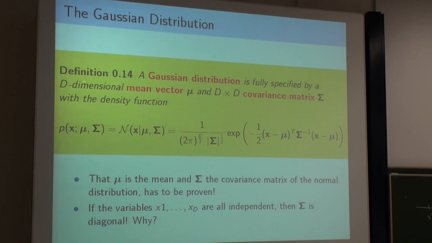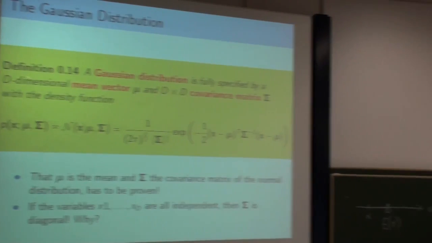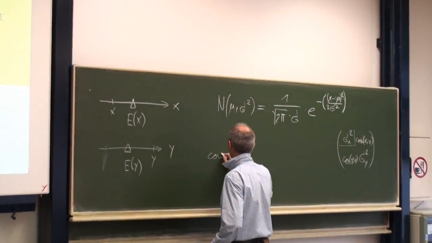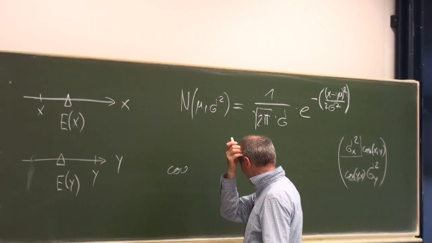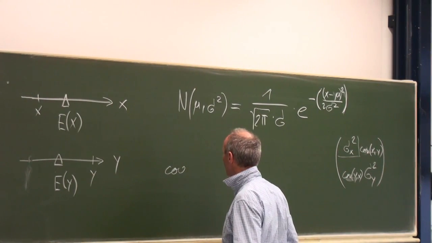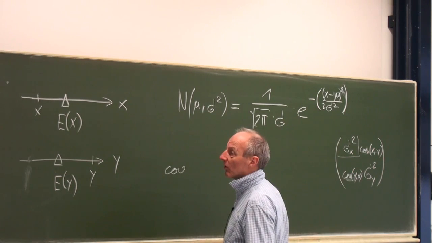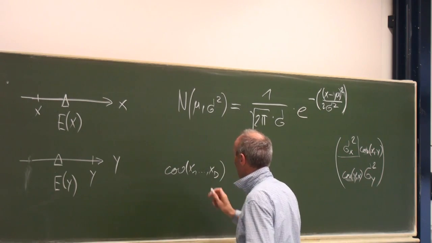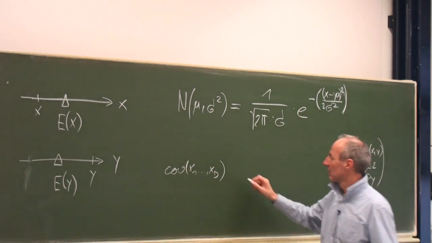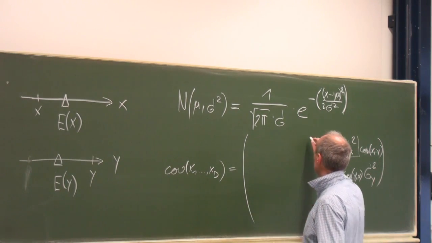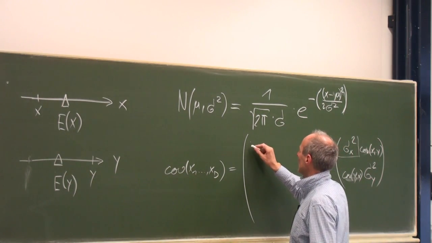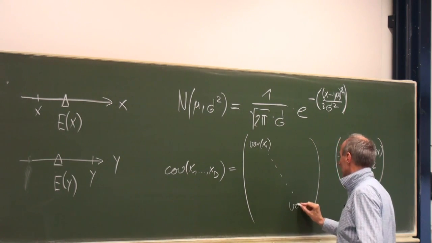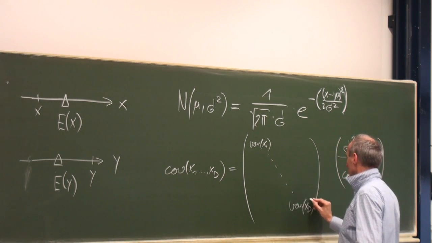And now this is important. Look, the covariance matrix for our variables x1 through xd. So that now this is the covariance matrix. In the diagonal case, we get the variance of x1 down to the variance of xd.